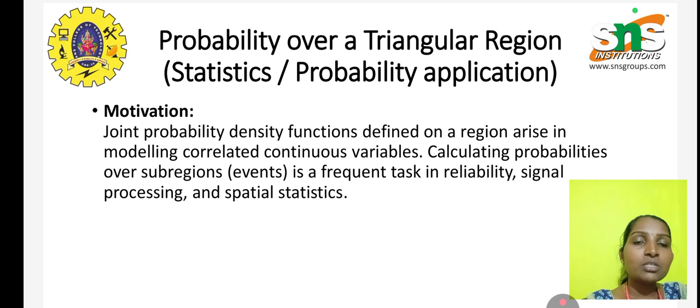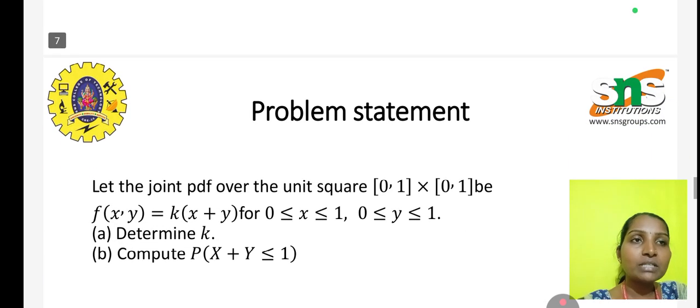Calculating probabilities over subregions is a difficult task, and it is a frequent task in reliability, signal processing and spatial statistics. These are the subjects wherein we will be using multiple integrals in probability problems. This is the motivation behind choosing this problem.